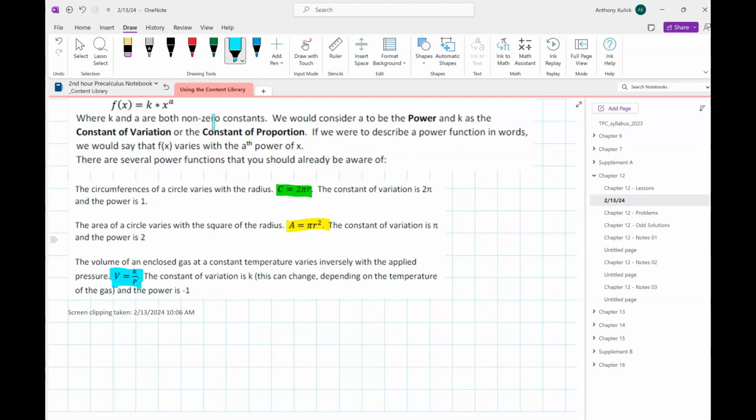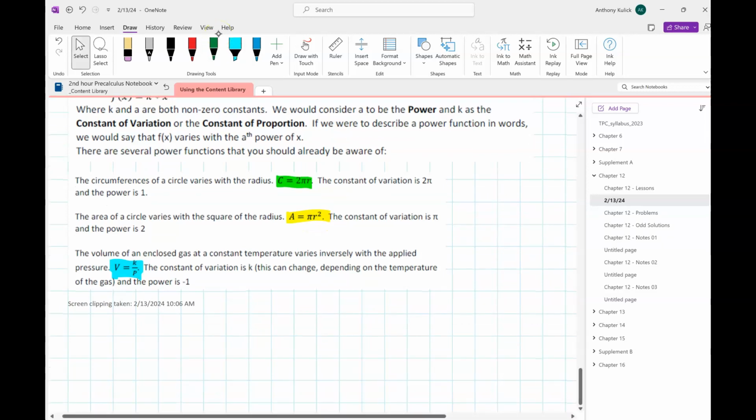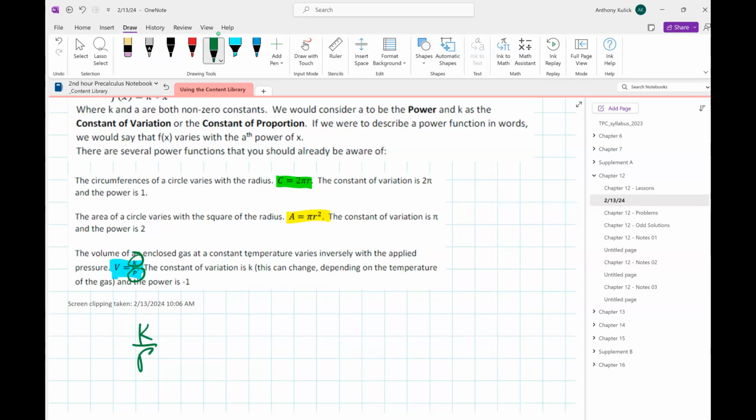I don't remember. So here, again, the K is our constant of variation, and the power is -1, because K over P is really the same thing as K times P to the -1.